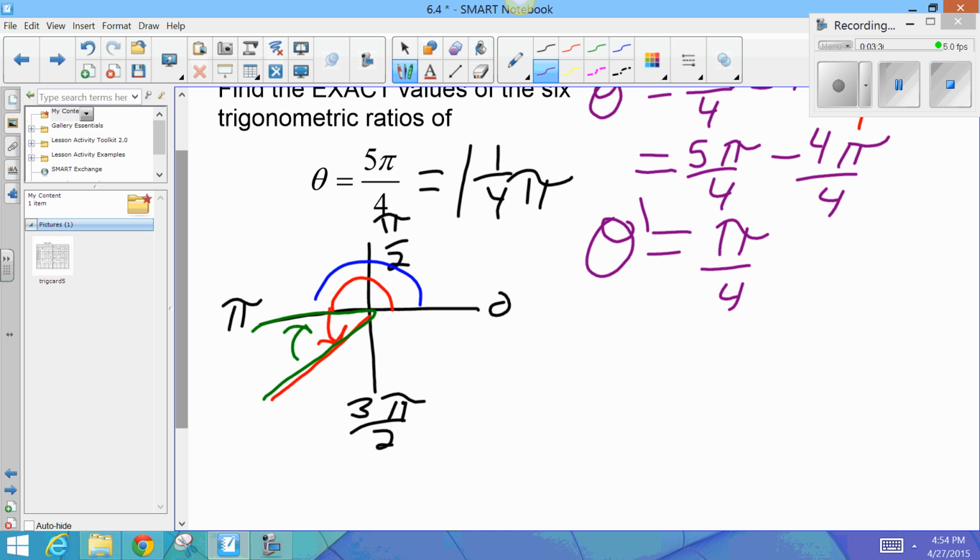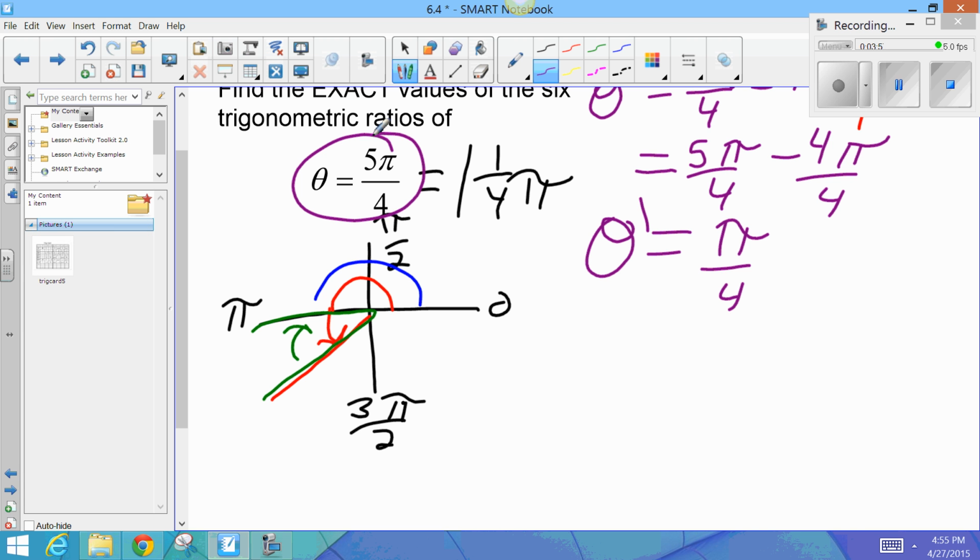Now, why is that important? Because the absolute value of the trig ratios of theta are equal to the trig ratios of theta prime. So all I have to do is figure out the trig ratios of theta prime and then attach the correct sign to determine if they're positive or negative.